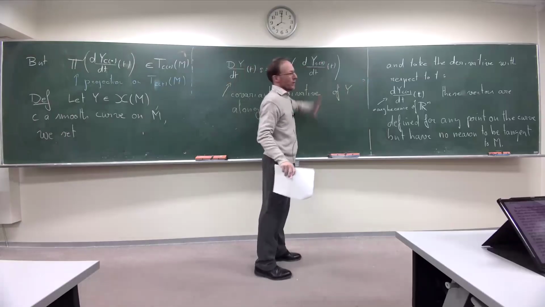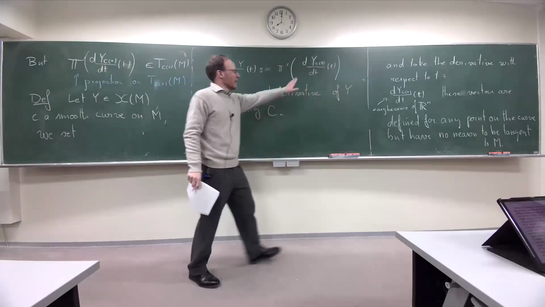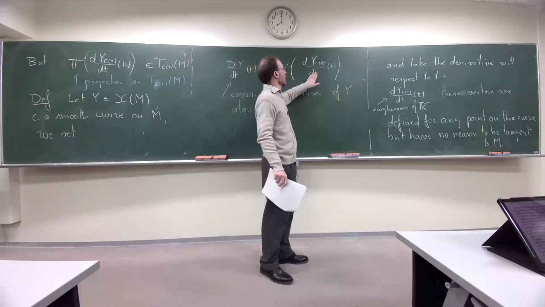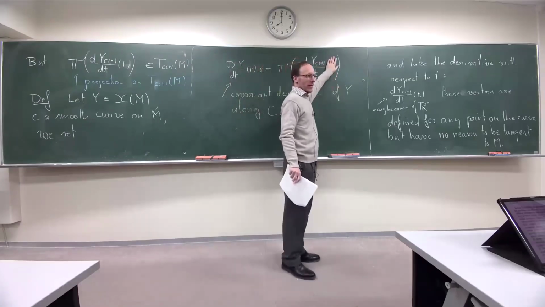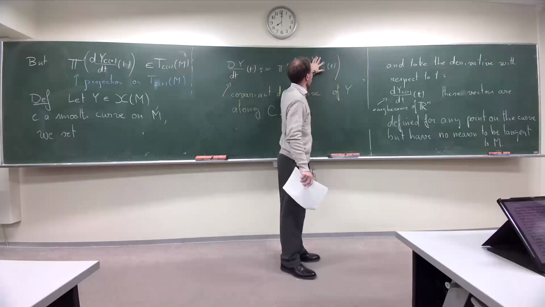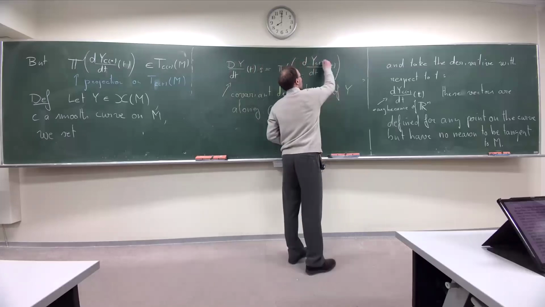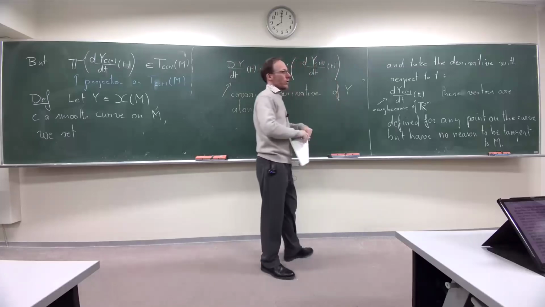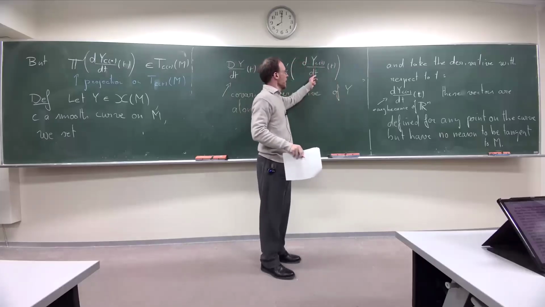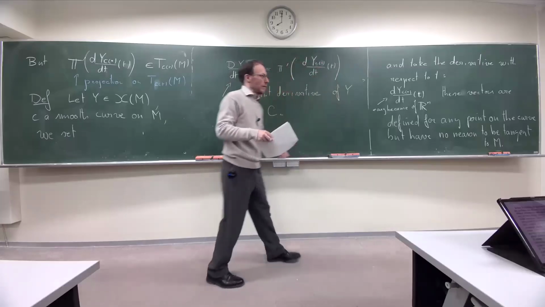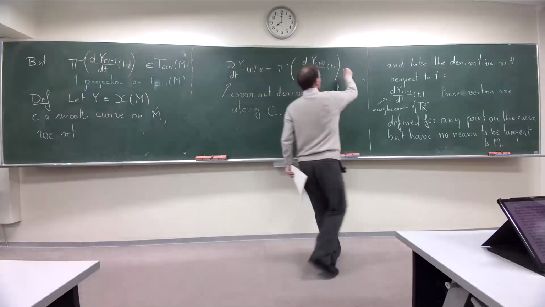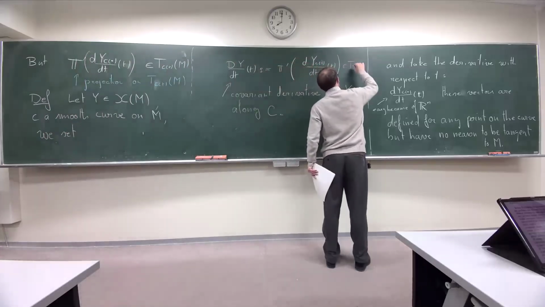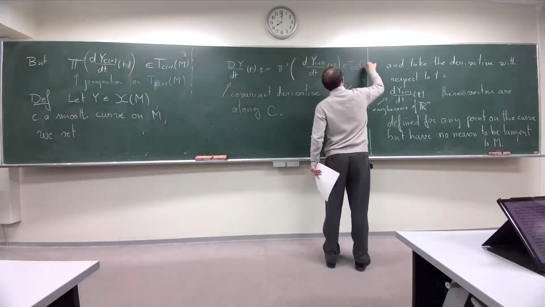So I prefer to put just a dot. But yeah, if you prefer to put a t here and take the derivative with respect to t, that's also fine, but then you don't need to write this one. I prefer to just put a dot so that now this is a function of one variable. I take the derivative with respect to this variable, and I evaluate at t. But the good point with this derivative, look, it belongs to T_{c(t)} M.